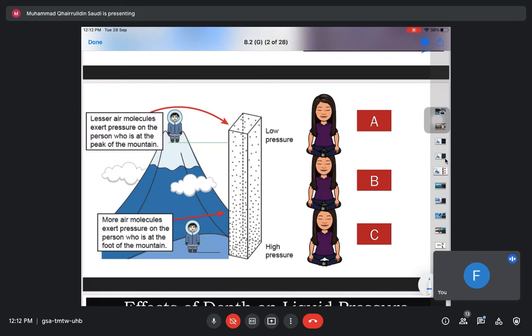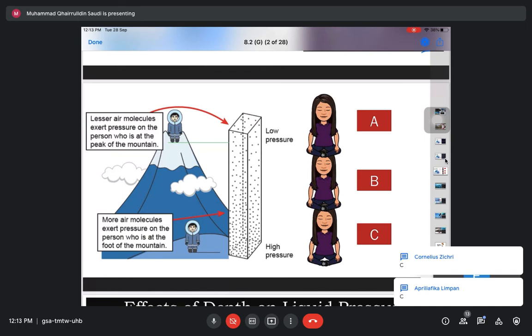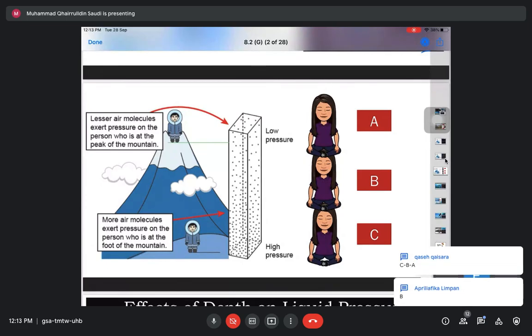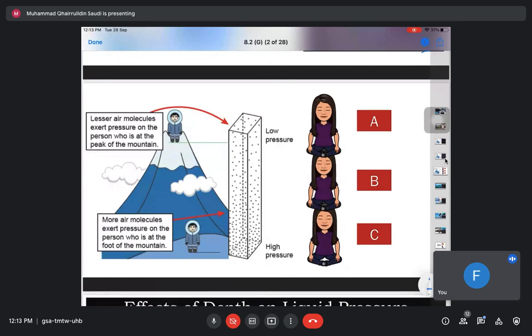Whereas the highest pressure is at, good, C. If let's say the question asks you to arrange A, B, C from higher pressure to low pressure, how will your answer be? Good. Okay, so you will take C, B, and A. Highest is C, and then B, and then lowest is A. Good job.